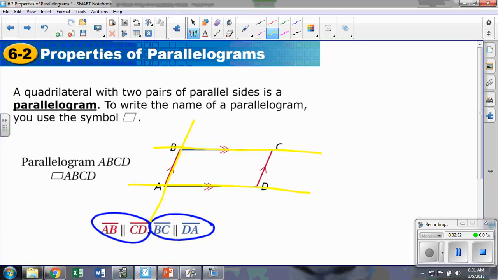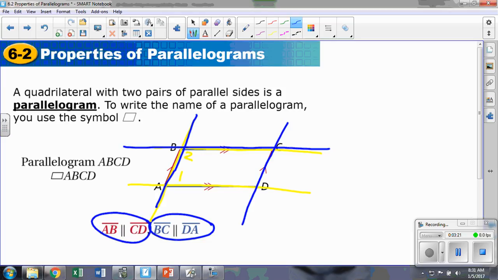In particular, one of the things that you should immediately observe, these 2 angles are same side interior. Same side interior angles are supplementary. So we know that those would add up to 180. And additionally, we'd be able to look at it and say, that one and that one.